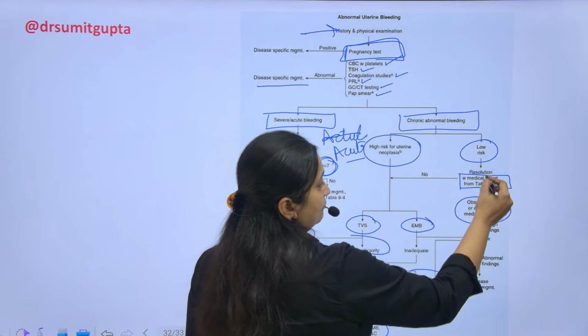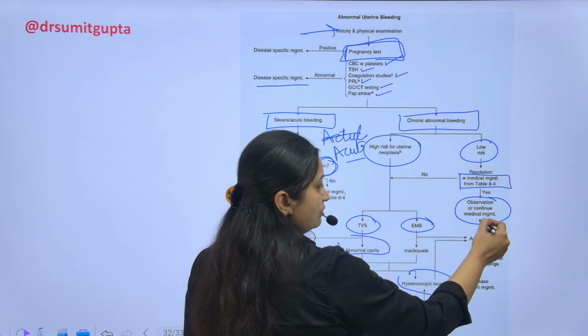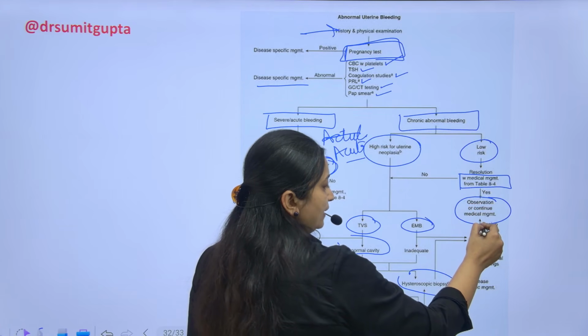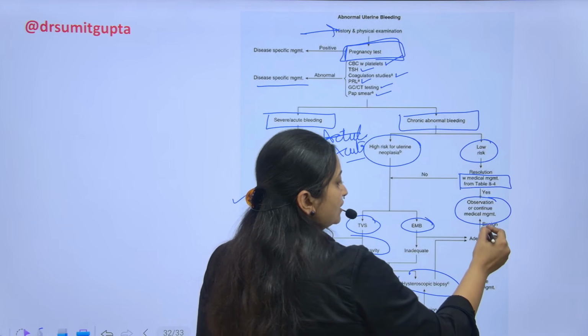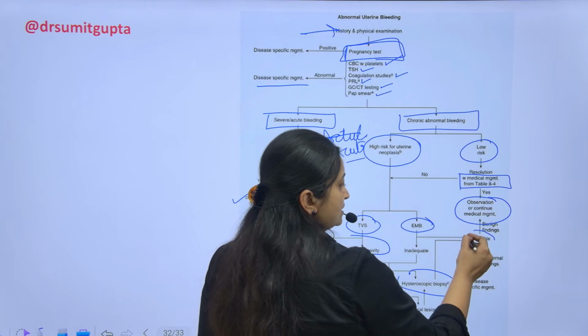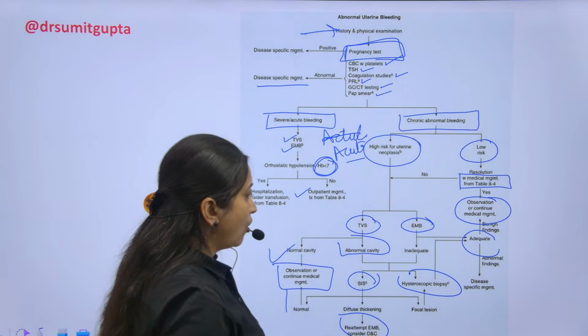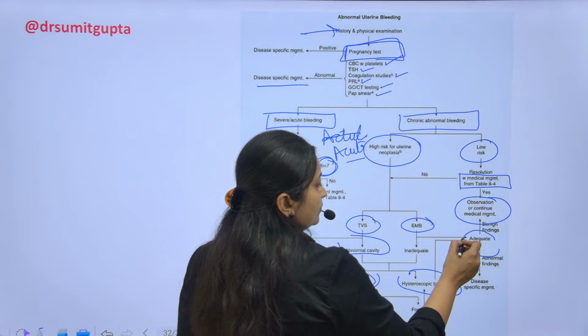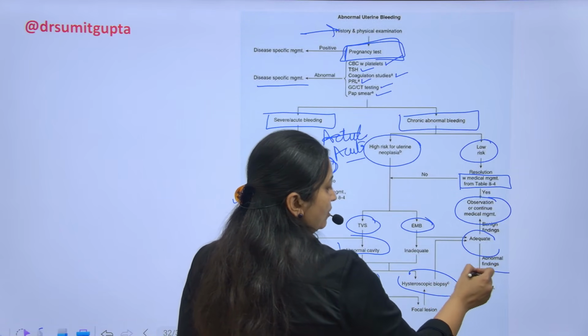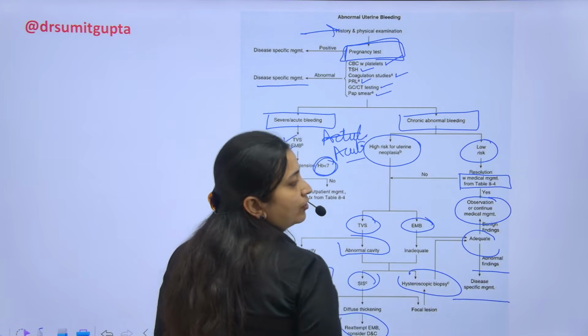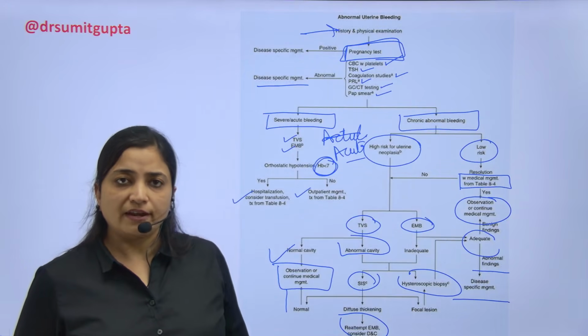But here, if she was low risk and she was responding to the medical management, we can go with the same medical management. And once she stops responding to that medical management, or during the endometrial biopsy we find some abnormal findings, then go for disease specific management.